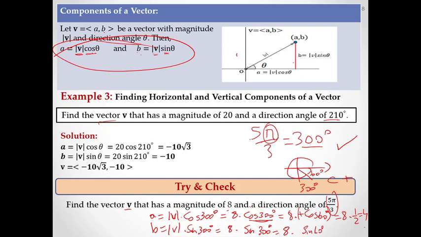But the problem here is sine is negative, so by All Students Take Calculus, sine is negative, so it has to be this. So 8 times negative square root 3 over 2 will be minus 4 square root 3, and then our v will be 4 and minus 4 square root 3. So these are the components of the vector.